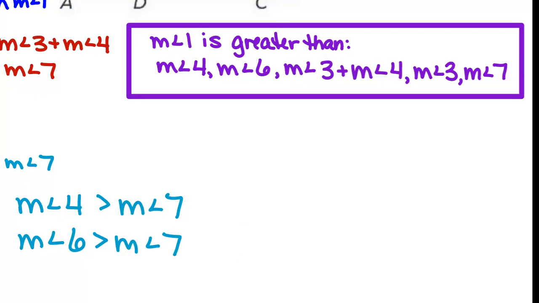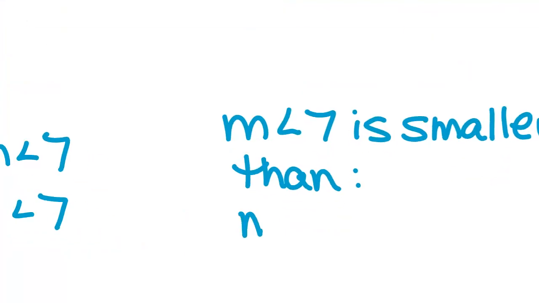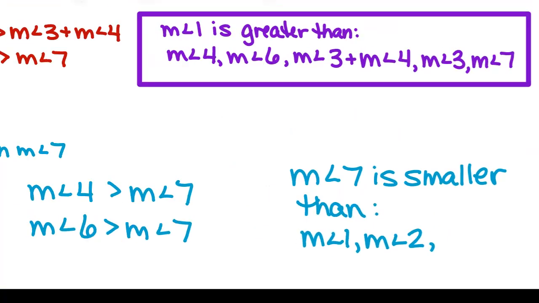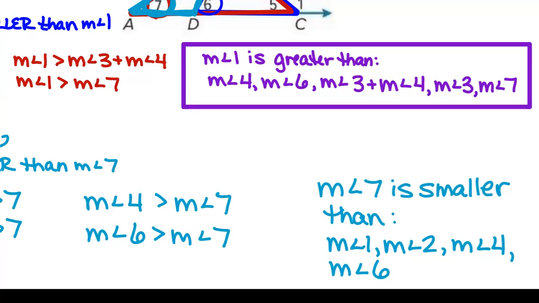So my full and complete answer is that the measure of angle 7 is smaller than the measure of angle 1, measure of angle 2, measure of angle 4, and the measure of angle 6.